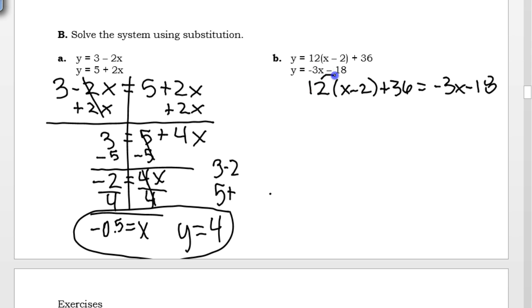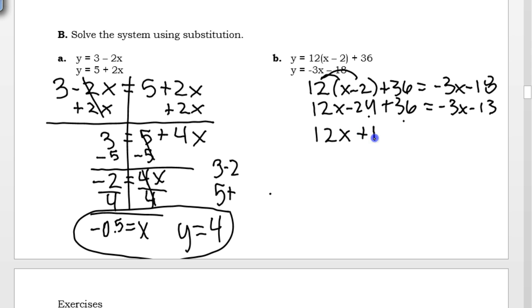So I'm going to start by distributing that 12. That's 12x minus 24. Then I'm going to combine like terms. And we practiced that in lesson 2.5 in the last chapter.